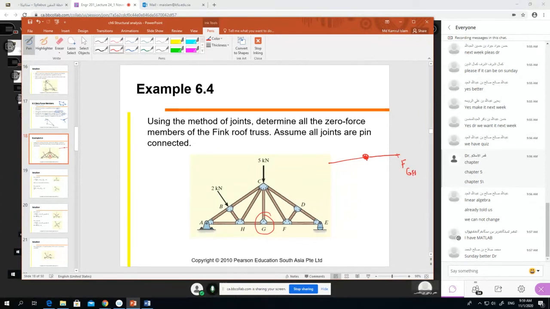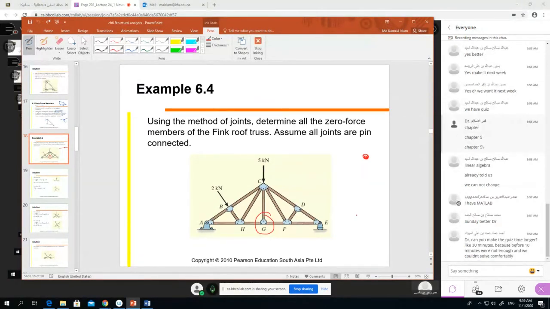Because we don't know the direction, we always assume tension.